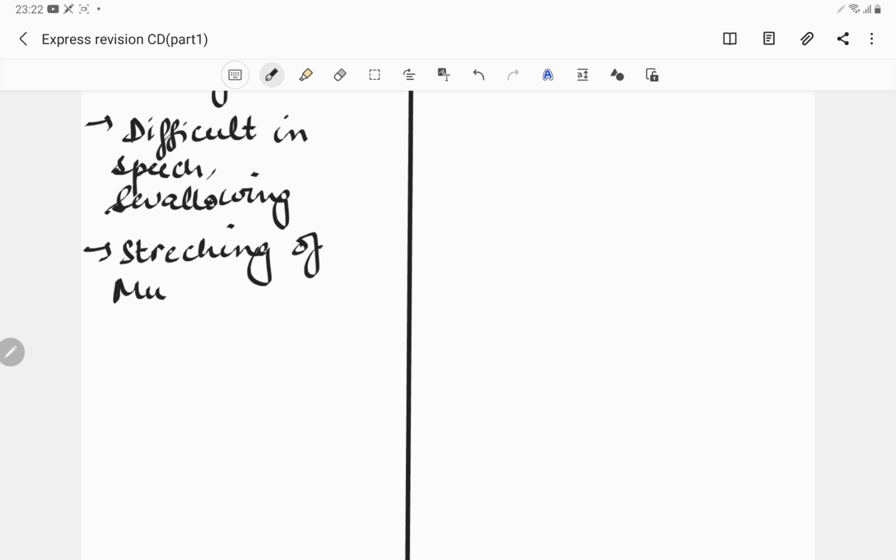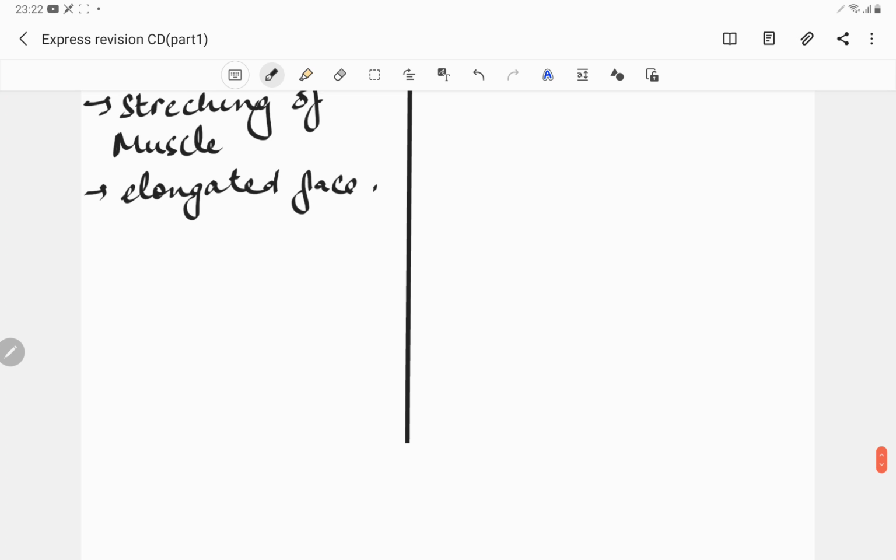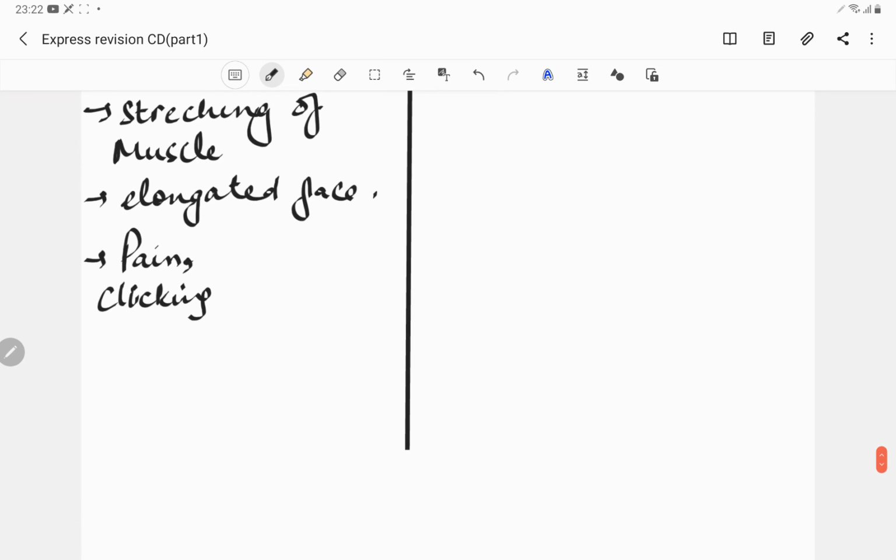You will see that the patient's face will look elongated. And there is going to be pain and clicking in the TMJ, because the muscles are stretching all the time. They are not resting. So there is going to be pain and clicking of the temporomandibular joint. Right.